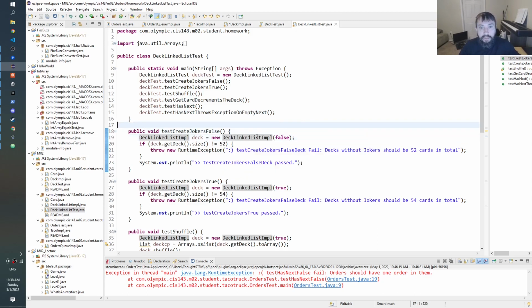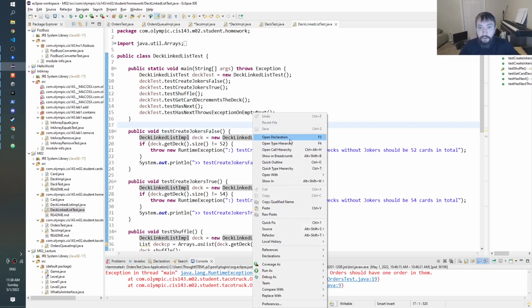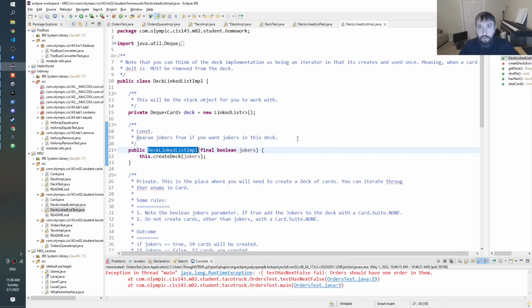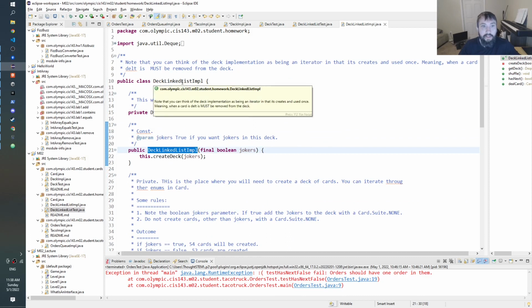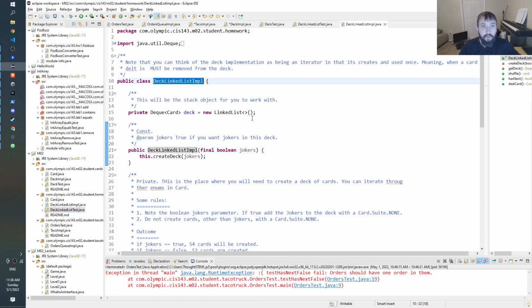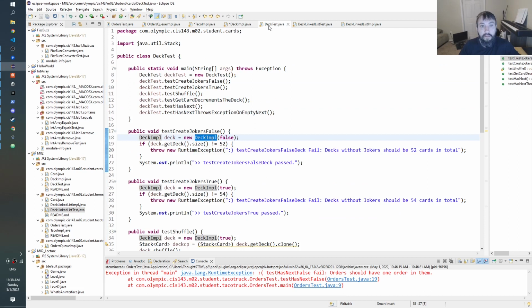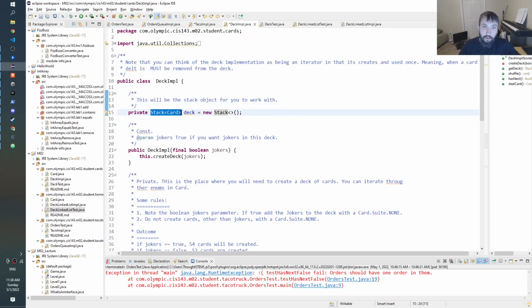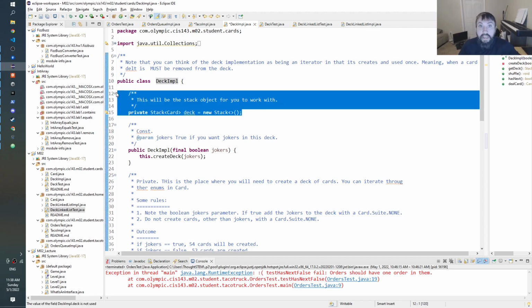So let's open up deck linked list impl. And we see that this one, deck linked list impl, has a deck of cards that is a linked list, whereas deck_impl has a stack of cards, which is a stack. So internally, inside of these two implementations of a deck of cards, it's different.